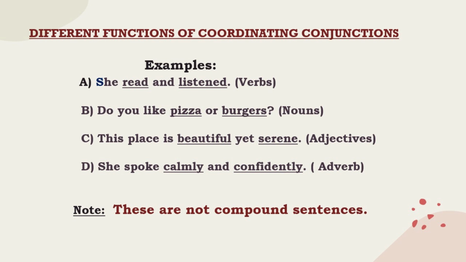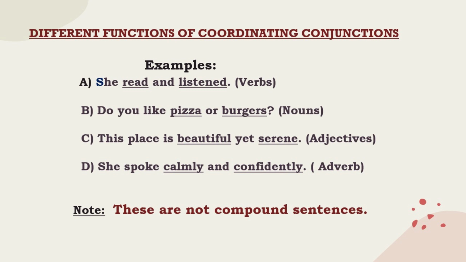Here is a second example. Do you like pizza or burgers? Burgers and pizza are nouns that are connected by the coordinating conjunction or. Let's move on to the next one. This place is beautiful yet serene.